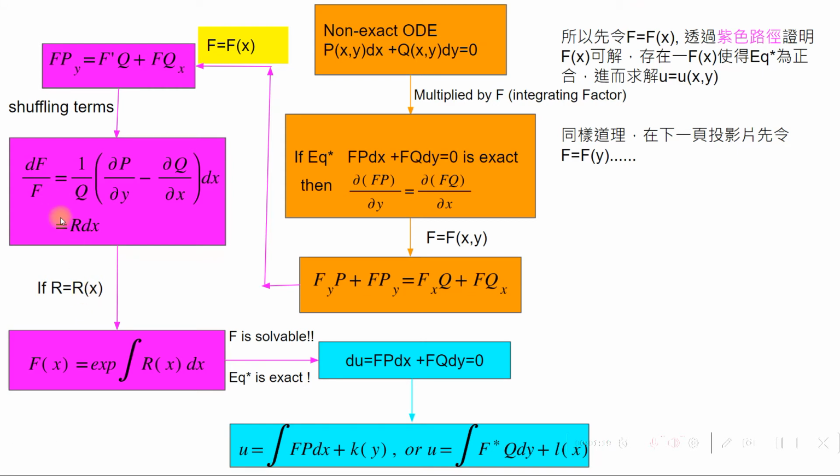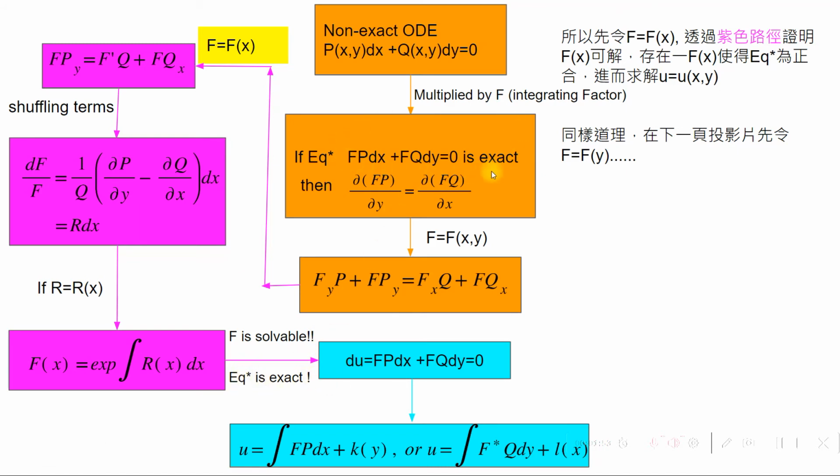So we integrate both sides of this expression, and we get f of x equals the exponent of the integral of r of x with respect to x. And because the integrating factor f is solvable, we prove that equation star is exact.